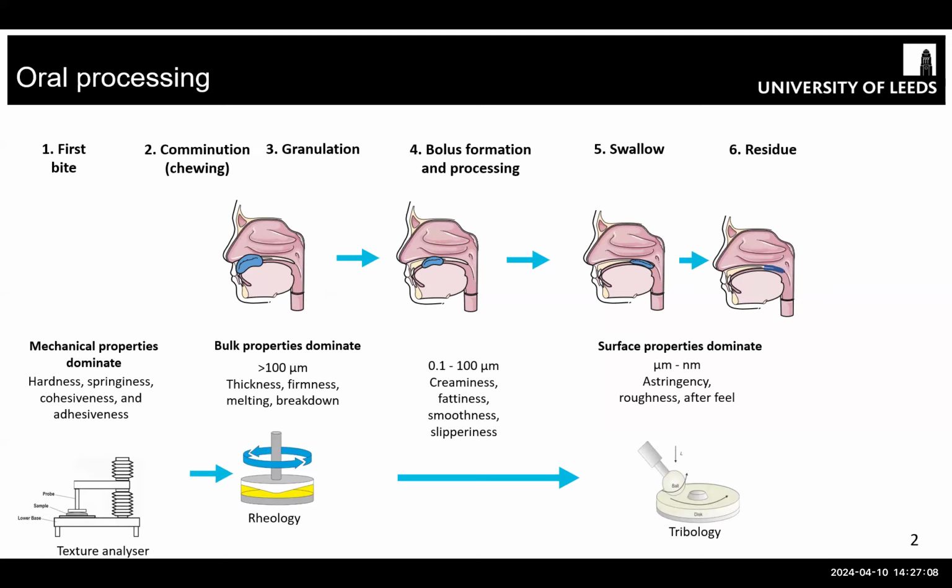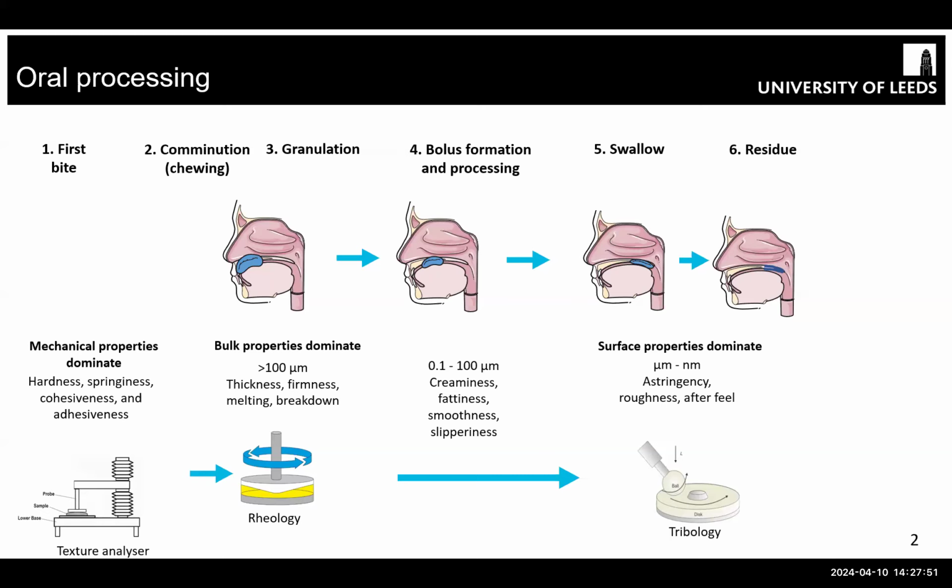We know that eating is a dynamic process. Because of this, studying the sequence of oral manipulation beyond the first bite to use it for rational food design is very challenging. One of the approaches that has been used to develop in vitro techniques that seek to capture what the food experiences during oral manipulation has been to divide the oral process into different stages, to try to identify which texture is perceived during which stage of the oral processing.